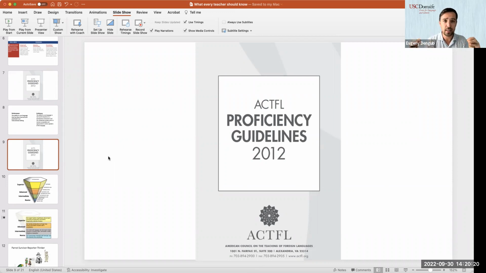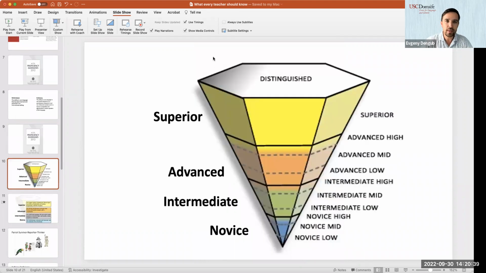The proficiency guidelines come for all 4 skills: reading, listening, speaking, and writing. But we mostly use oral proficiency guidelines. That's kind of our main part of those guidelines. So what do the guidelines tell us?